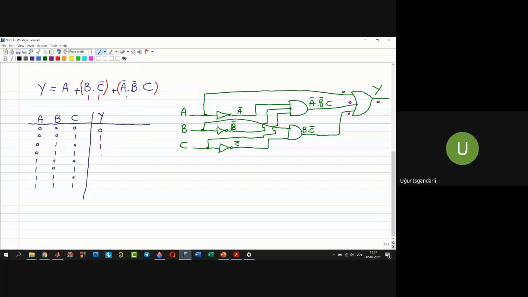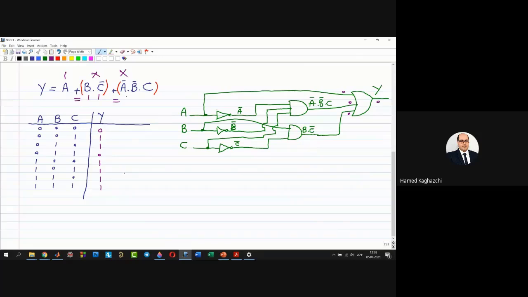0, exactly. Good. What about 1, 0, 0? 1. A is 1. It doesn't matter the rest of the equation because I have OR.